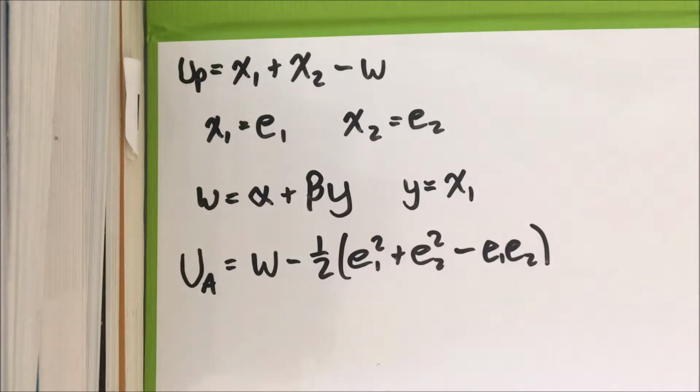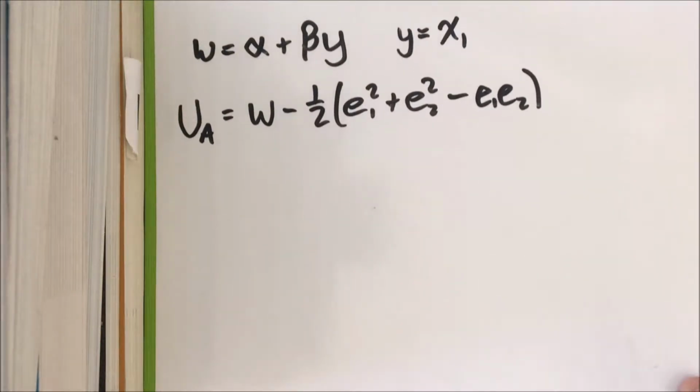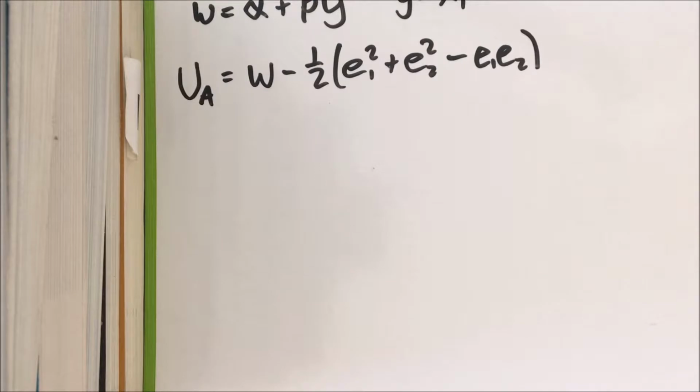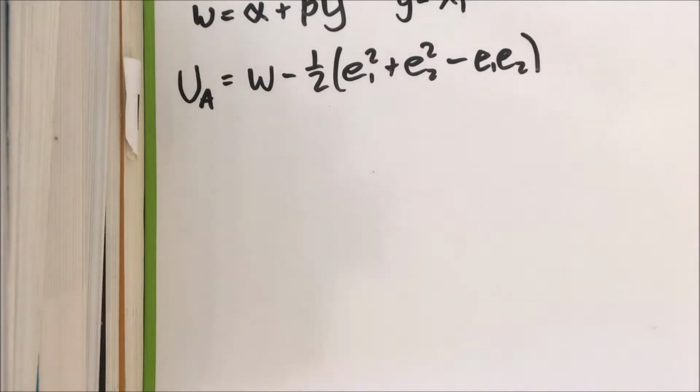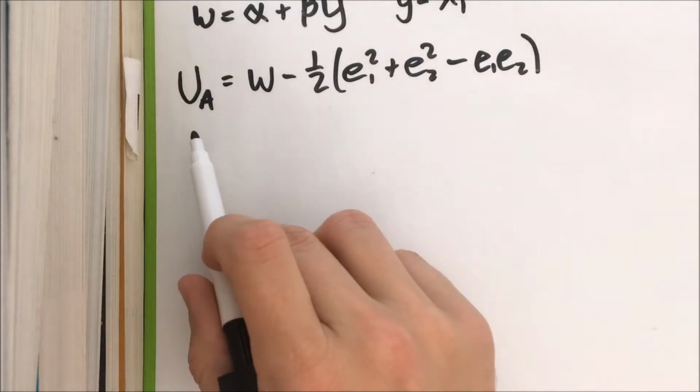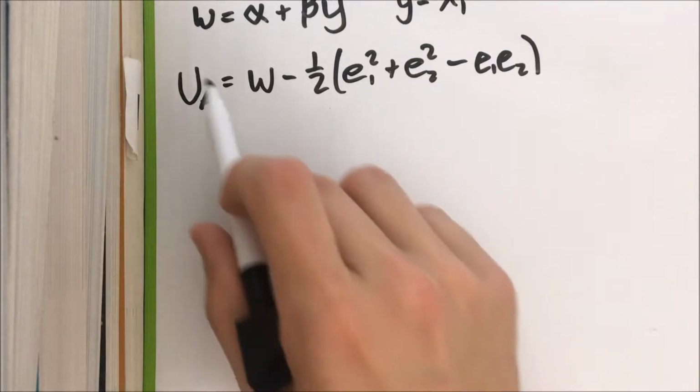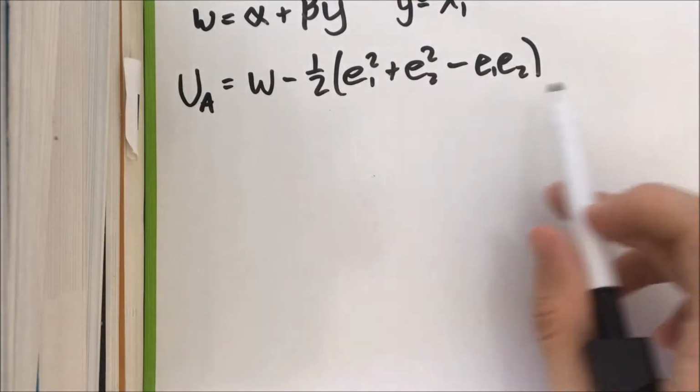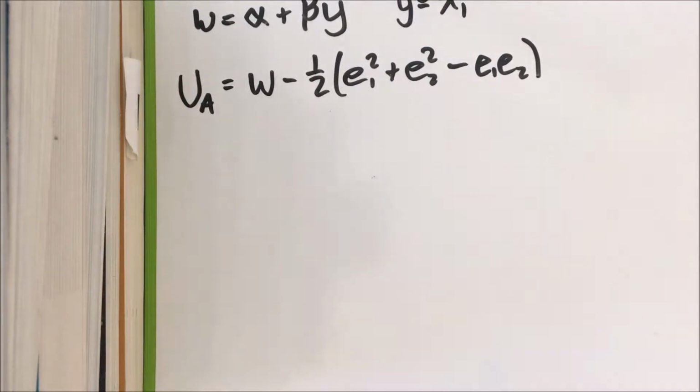All right, so next we want to find the agent's maximization problem. To do that, we need to find the derivative of the agent's utility with respect to what he can control, which is E1 and E2.